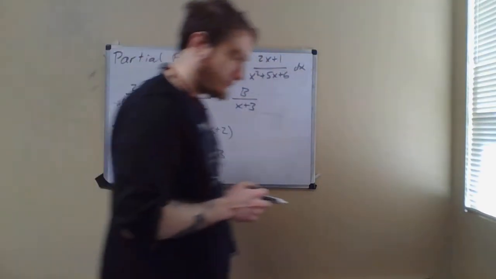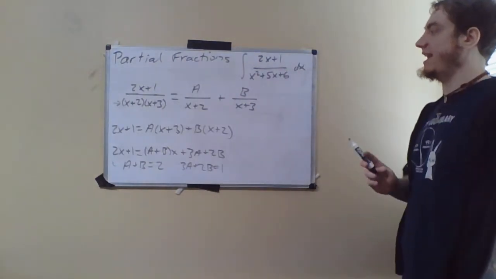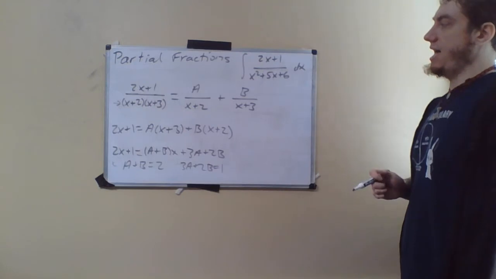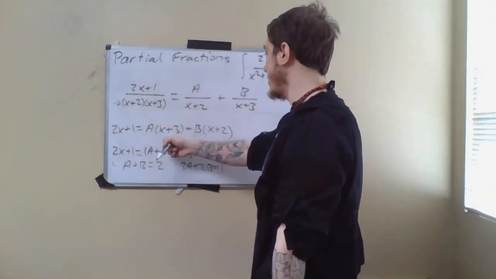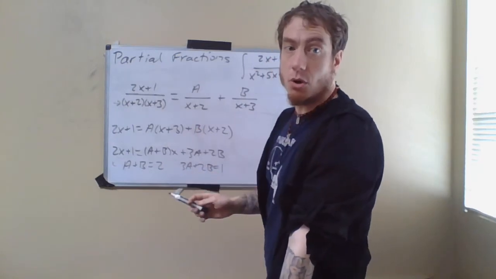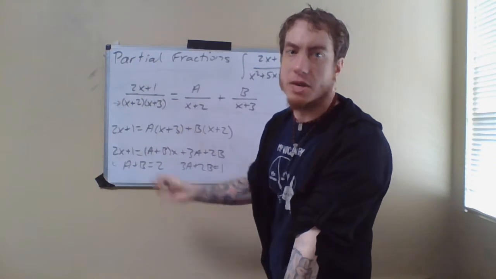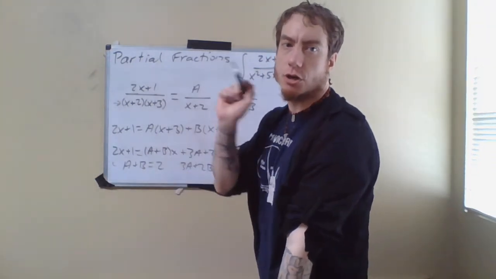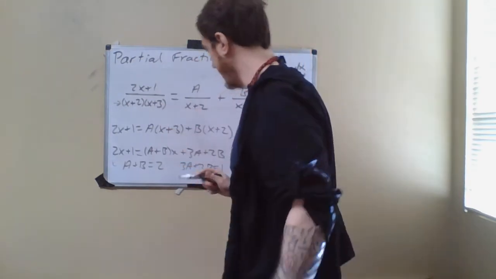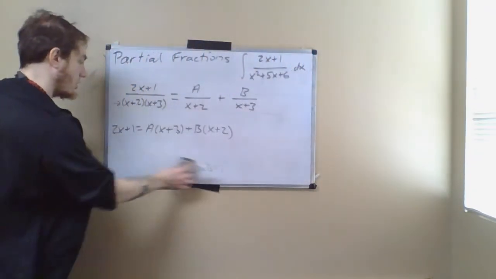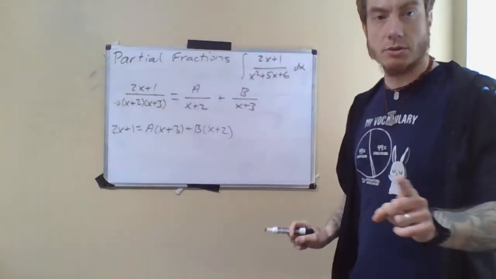Now, there's a slightly easier trick in this particular case that we can use. It comes back to the fact that we know what would make some of these things 0. So instead of going through this process, which would be perfectly fine, I want to show you a shortcut trick. Instead of having to deal with this system of equations, what if we just evaluated these polynomials at certain numbers?